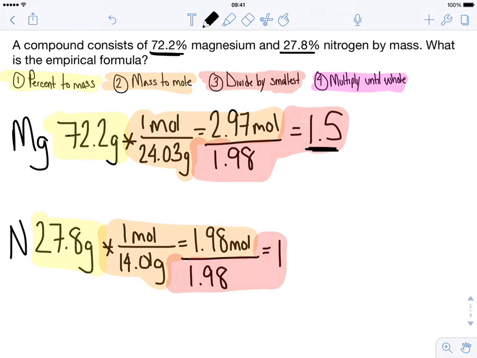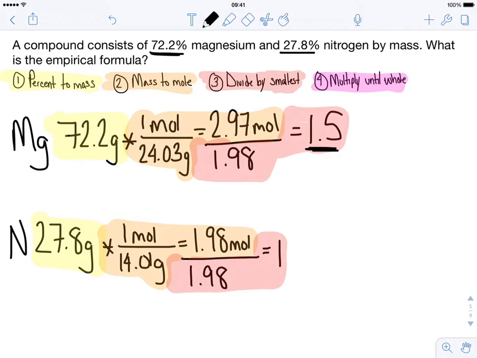And also, when we write our empirical formula, I can't have 1.5 magnesium to 1 nitrogen. We can't have partial numbers. We need whole numbers. So what we have to do is think about what we can multiply 1.5 by to give us a whole number.